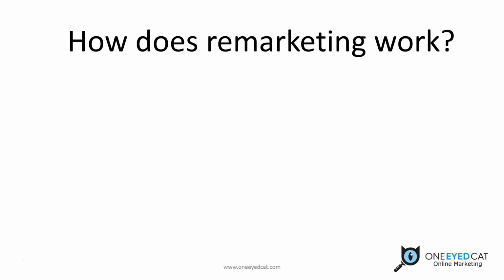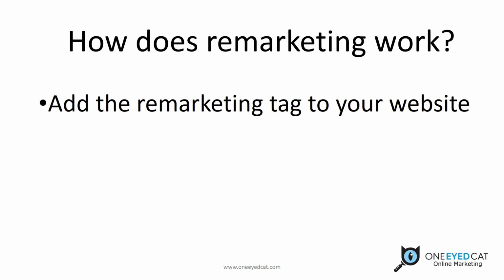So how does it all work? How do you set it up? So there are a few stages. The first thing, so basically how it works, remarketing, just take a step back for a second.